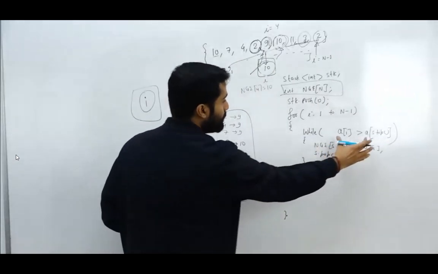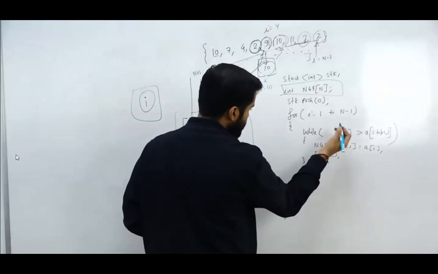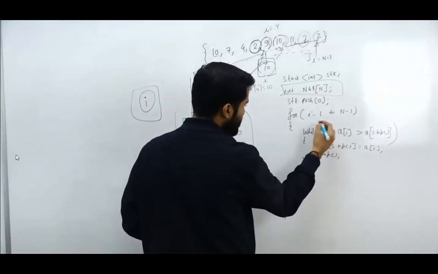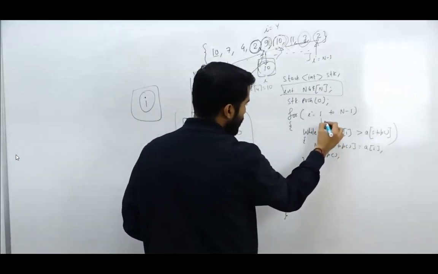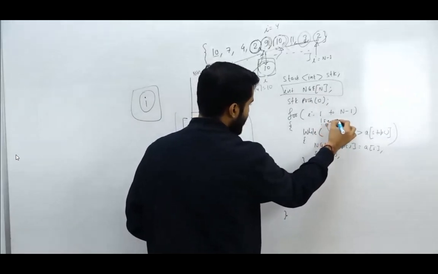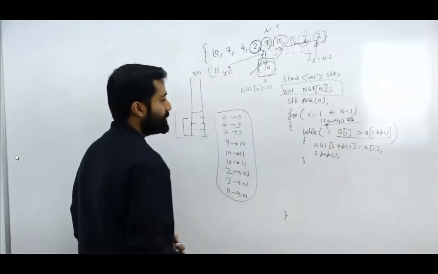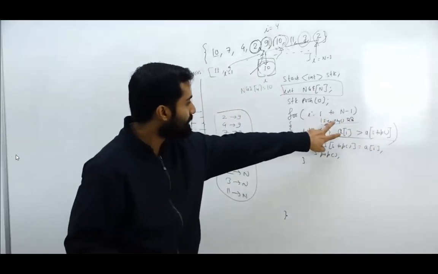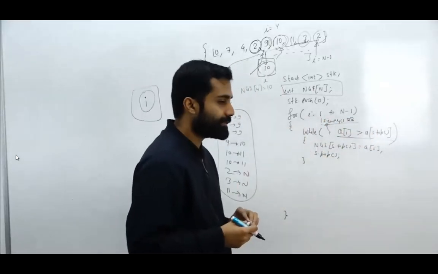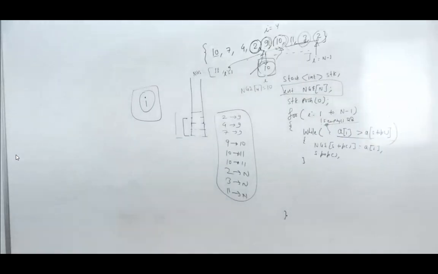So before performing this check, you should first check whether your stack is empty or not. So I need to write one more condition. So while not of stack dot empty and this, so this and this, both the conditions should be true. So as long as both these conditions are true, I am free to do this thing on and on. Is it making sense that why is the need of that condition there? Yes or no?